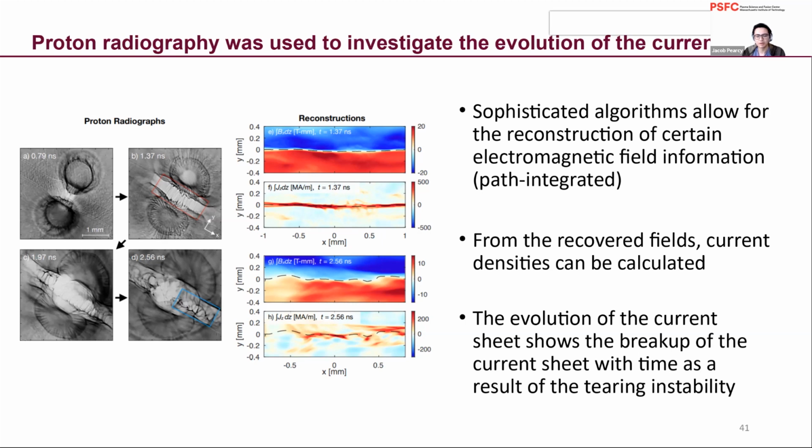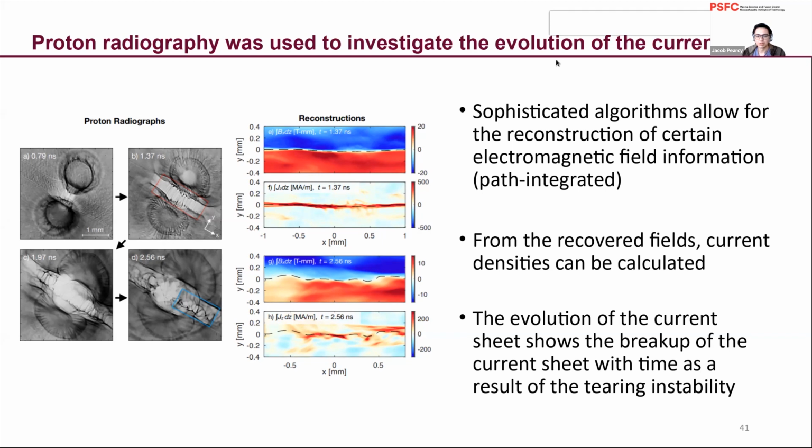And you can do better than that with these sophisticated reconstruction algorithms, which allow for the recovery of the path integrated field that the particles experience as they propagate through the plasma. That's what's shown on the right there, the reconstructions at two different time steps. The top panel, which is divided into red and blue at each time step, is the field.